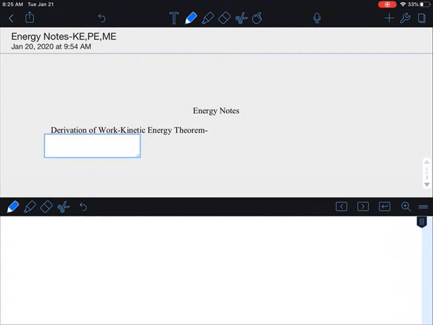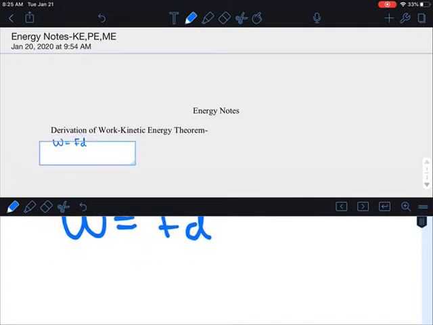So in this unit, we've talked about that work equals force times distance. Well, actually, there is a very close connection between work and kinetic energy, or energy in motion. And I want to show you that. So we know that work equals force times distance, but we also know that F equals ma.